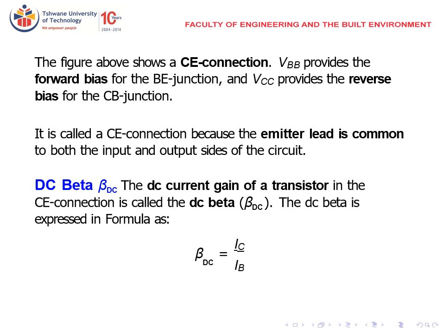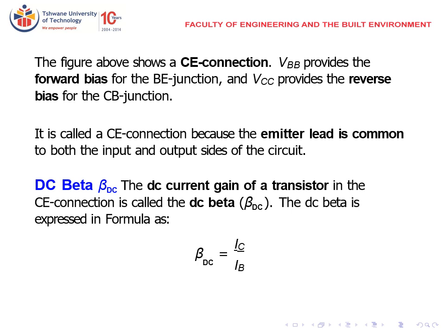VBB provides the forward biasing for the base emitter junction, and then VCC provides the reverse biasing for the collector base junction. It is called common emitter configuration because the emitter lead is common to both the input and the output sides of the circuit.